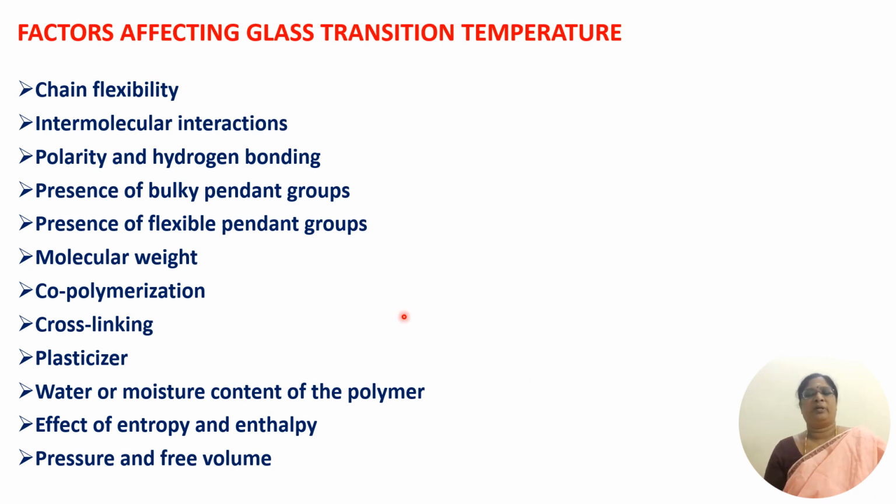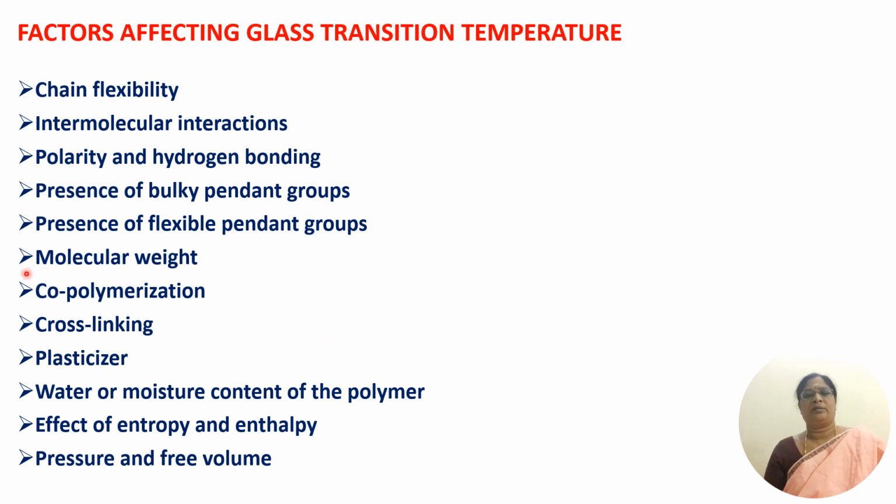And the fifth factor is the presence of flexible pendant groups. The presence of flexible pendant groups generally decreases the glass transition temperature of a polymer as these groups increase chain mobility and reduce intermolecular attractions, allowing the polymer to transition to a rubbery state at lower temperatures.